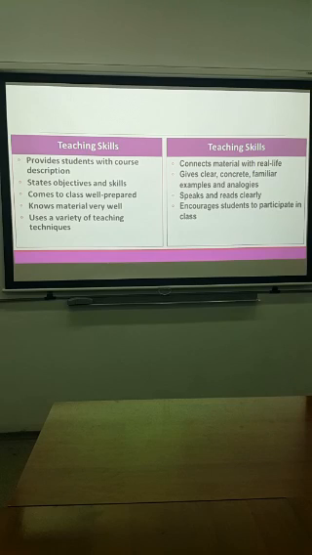Also, state the objectives and skills. Every time we enter, we have to tell the students that today we're going to read this story and answer comprehension questions. We are going to study these words, the names of vegetables, names of animals, names of fruits, names of things in the street.